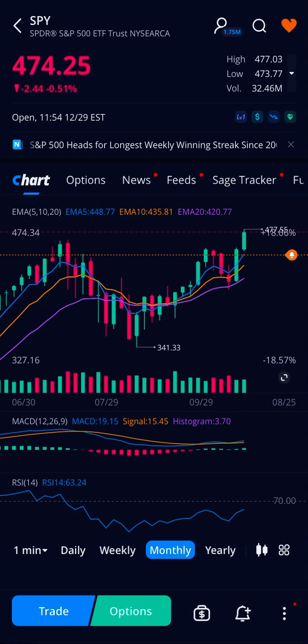What I normally look at this point is trying to purchase every time the market hits the 5-day moving average. In this case, it would be the price 448 for SPY.